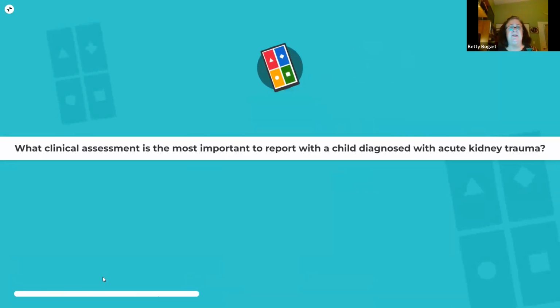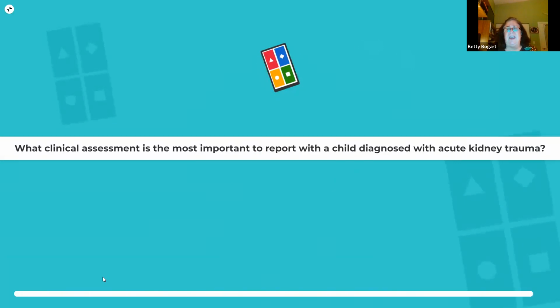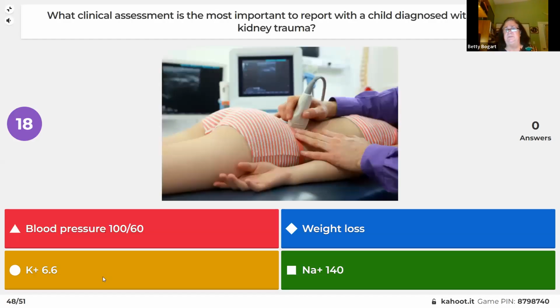Which clinical assessment is most important to report with a child diagnosed with acute kidney trauma? I had this one little boy playing outside, running backwards, and his back, right at the kidney level, hit a hitch on some trailer. He came in with this huge bruising on his back.